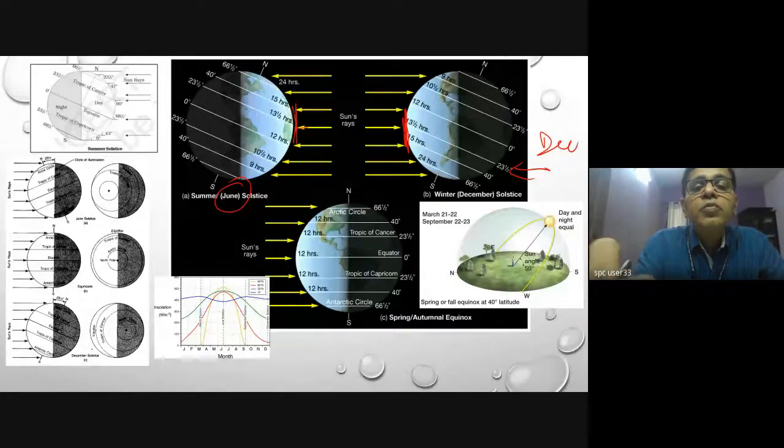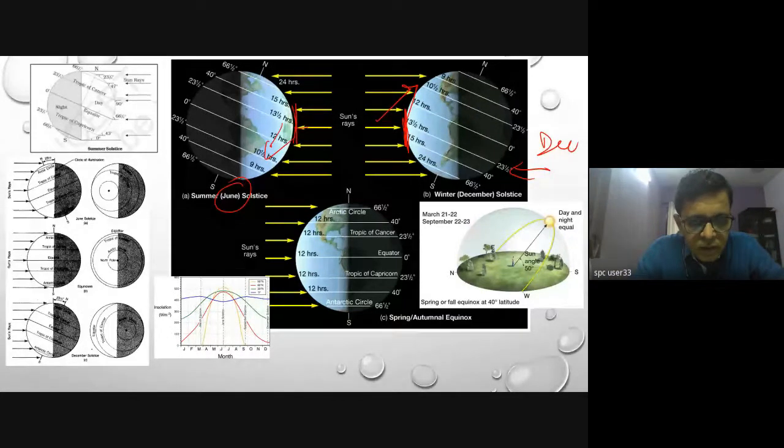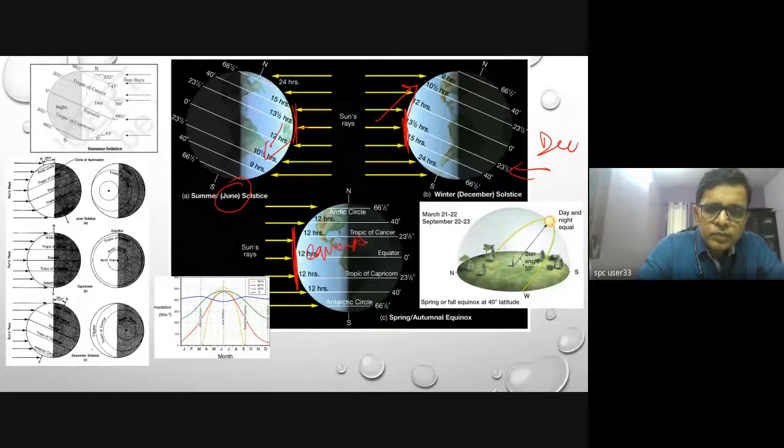And then it keeps on moving between these 2 points. After December, it will travel up. After June, it will travel down. And on the day of equinoxes, you'll see that the perpendicularity is on the equator, and that's why it is called an equinox. That is a point I had to make out of this particular diagram.